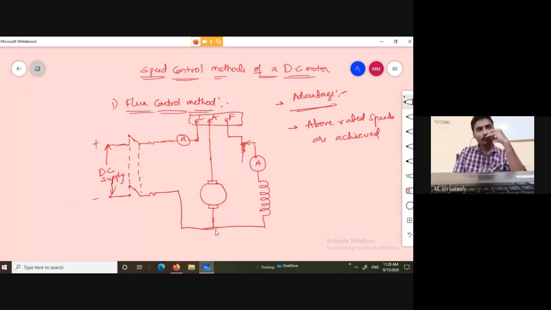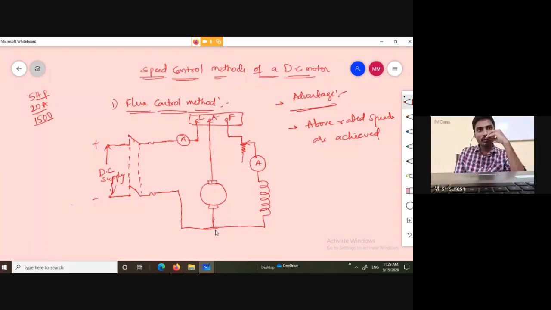Suppose the rating of the DC motor on the nameplate is about 5 HP. The rated current is about 20 amperes, that is the rated current, the IL value. This is the output power rating of the DC motor, and the rated speed is also mentioned on the nameplate details.